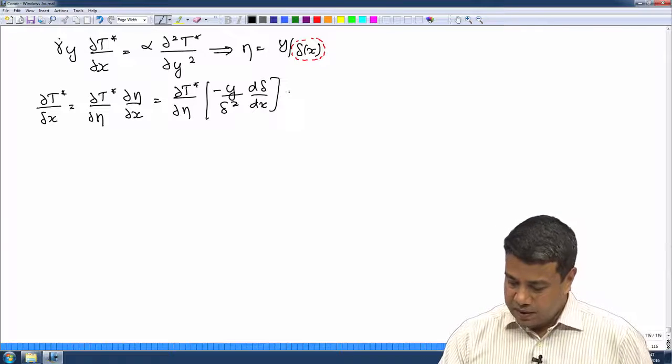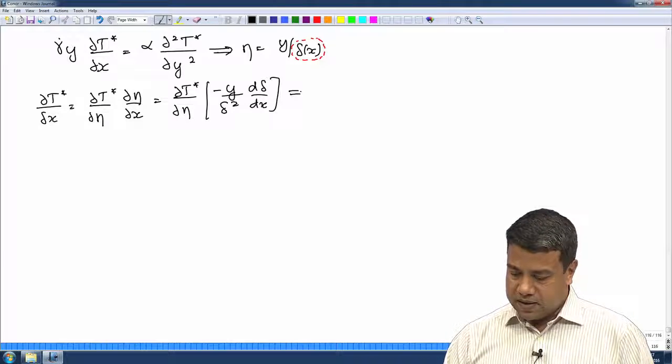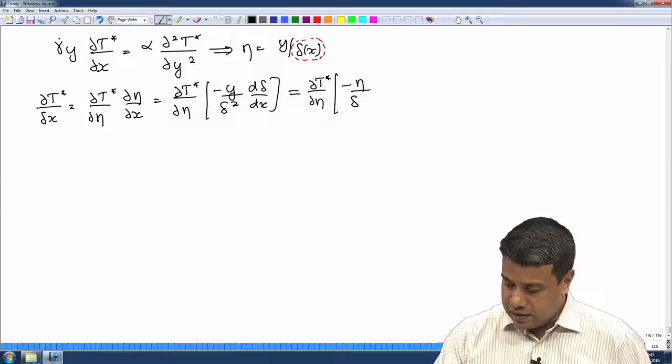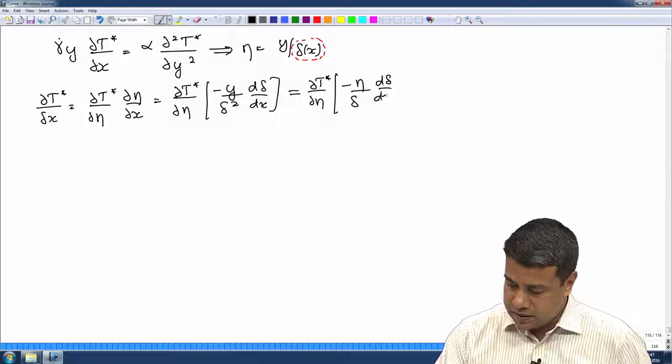And I can write y by delta once again as eta. So, I will get partial T star by partial eta into minus eta by delta d delta by dx.